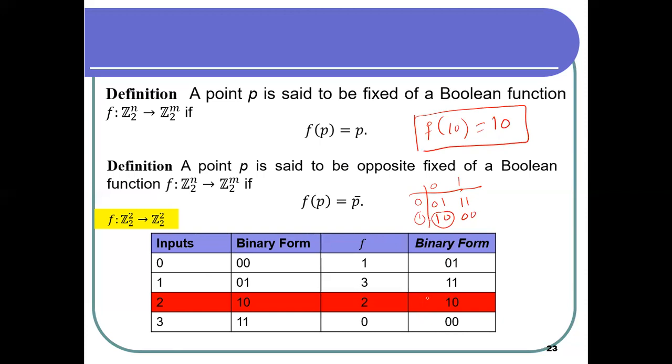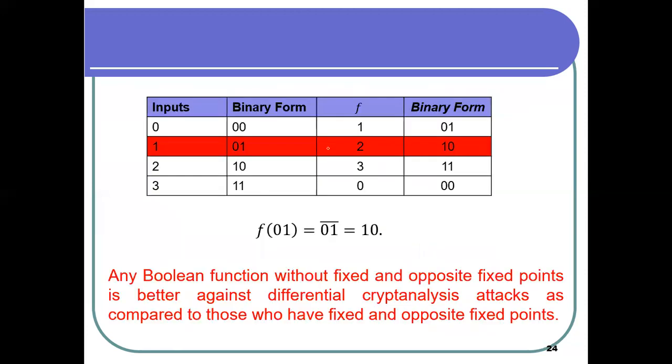Another definition is contractive or opposite fixed point. If I take 0 mapped on 1 under f, and 1 mapped on 2 under f, and 2 mapped on 3 under f, and 3 mapped on 0 under f.